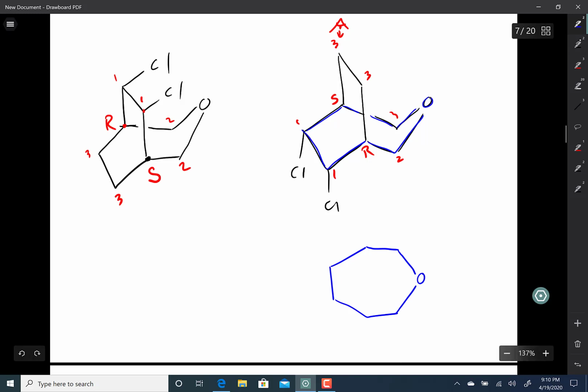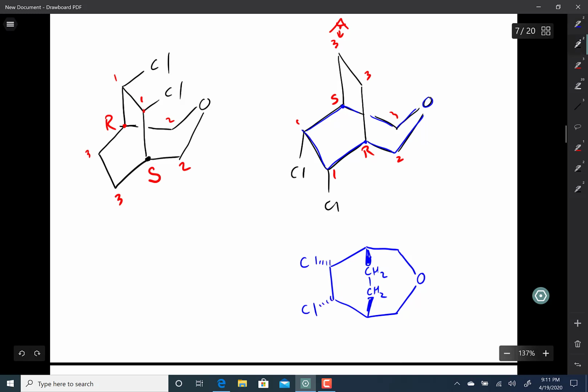That has 2 chlorines in it. And then between this carbon and this carbon, you have a CH2 bridge. And that's coming up towards your eye, so you think of that as a wedge. The chlorines are going away from your eye, so you think of those as dashes.